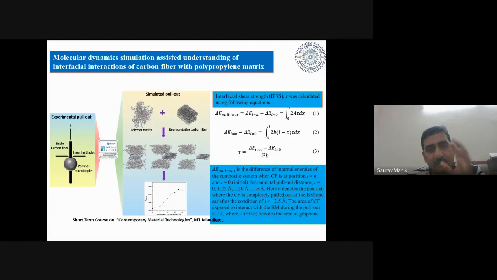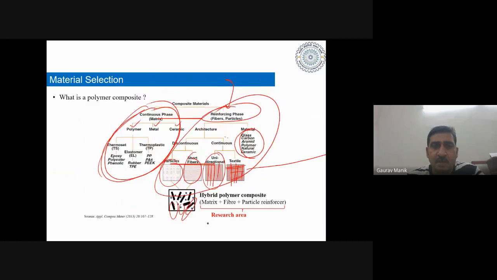So, having given that brief description about how to make your reinforced polymer composites, can we use molecular modeling and computational tools to find out what would be the strength of these composite systems?